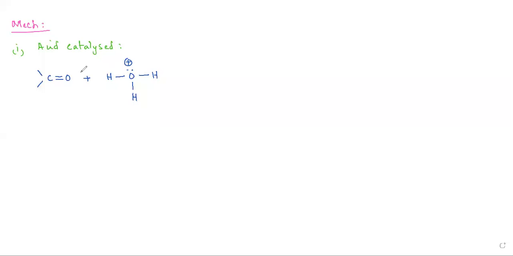If we take H3O plus, we get water as the byproduct. And if suppose we take an alkyl group here, we get an alcohol. Look at what happens. Abstraction of proton, then this. So a protonated alcohol is what we have taken.